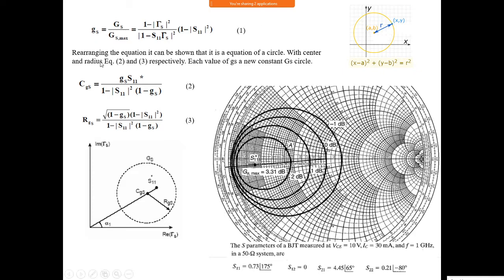They all lie on a circle. For a 2 dB gain, you can read the impedance at any point as you move over the circle, and the impedance changes.